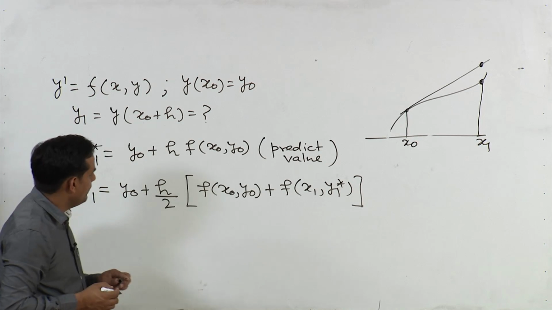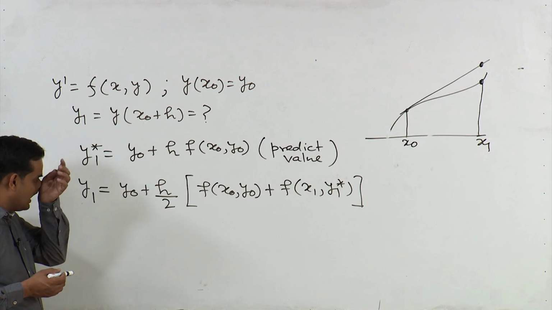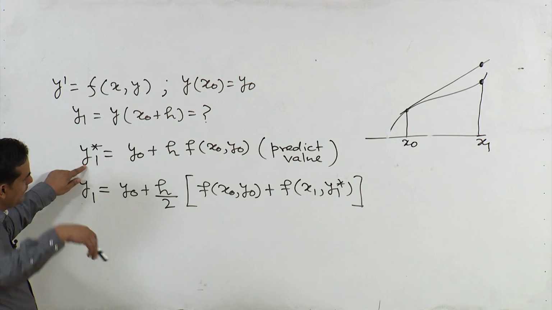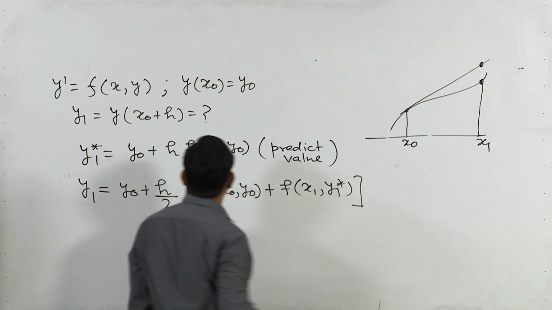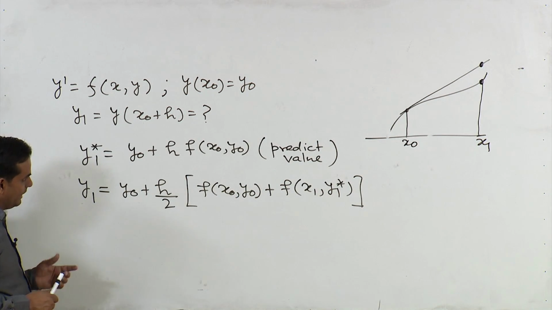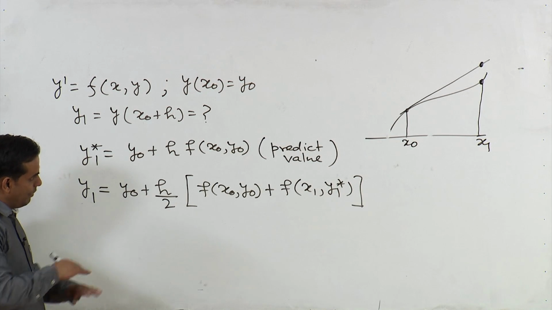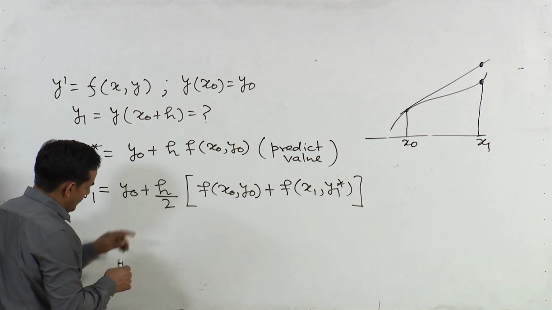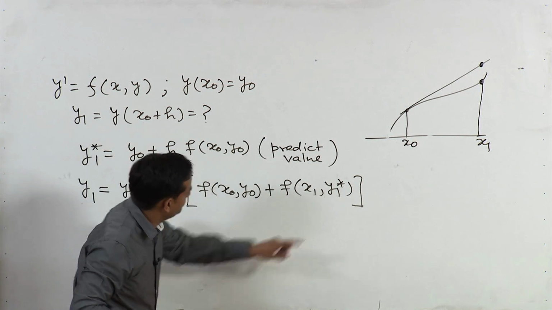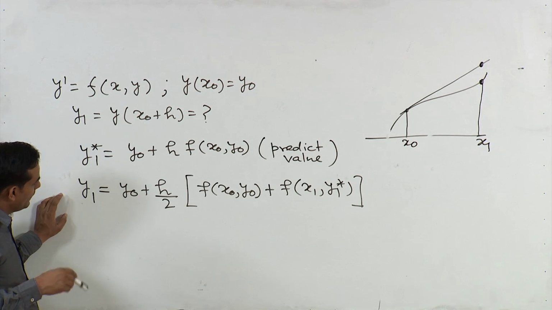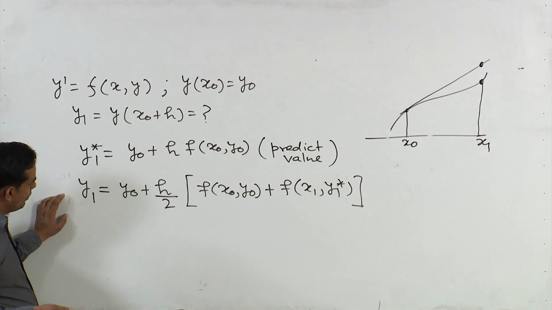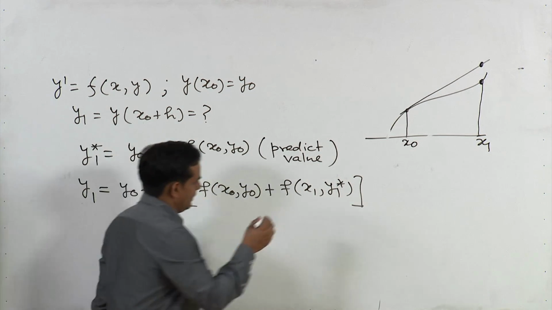So, what I am doing using Euler's method, I am finding the slope at the end point of the interval, means at this particular point, and then I am taking the average of the slope over the whole interval by one by two of these two. And this formula I can use again and again because this is the corrector formula.